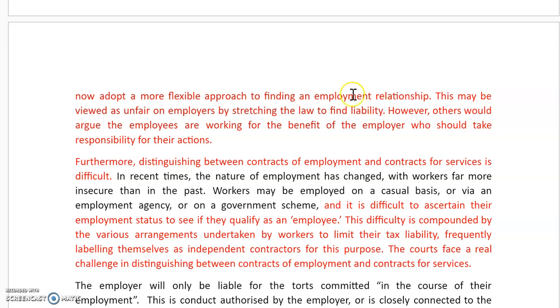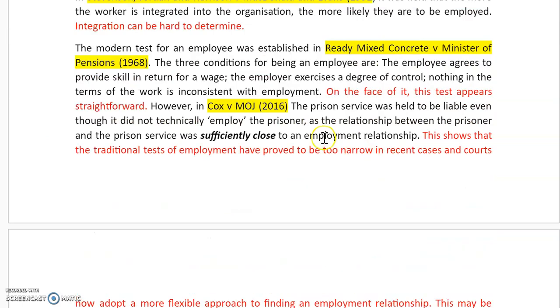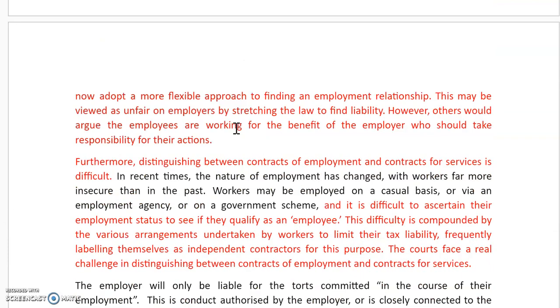But on the other side, and it's always nice to give balance, others would argue that employees are working for the benefit of the employer, who should take responsibility. So in that case of Cox, the prisoner was doing a job that was of a benefit to the prison, so why shouldn't they take responsibility for the actions?